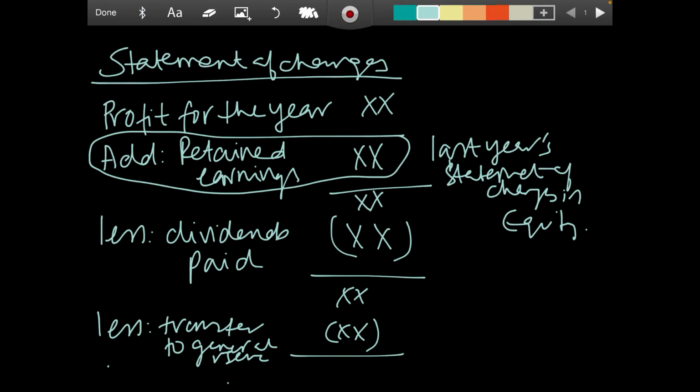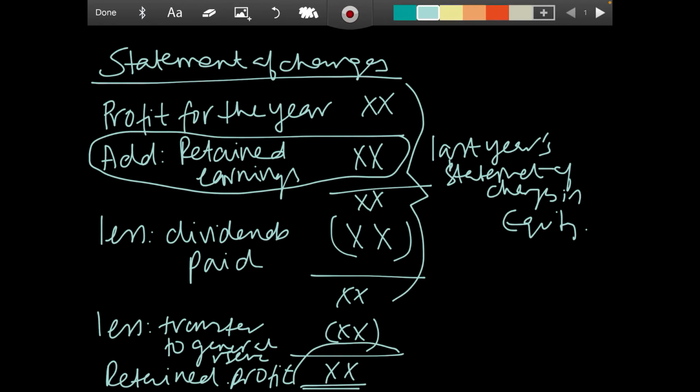So this will give you the retained profit for the year, which will be used in our equity section after making all of these adjustments, and this amount will also be used in the statement of changes in equity for the next year, as I mentioned before, the retained earnings.